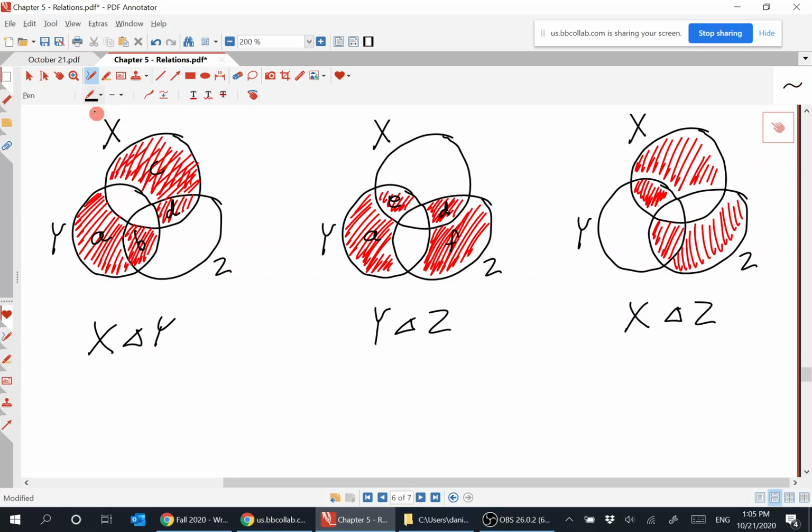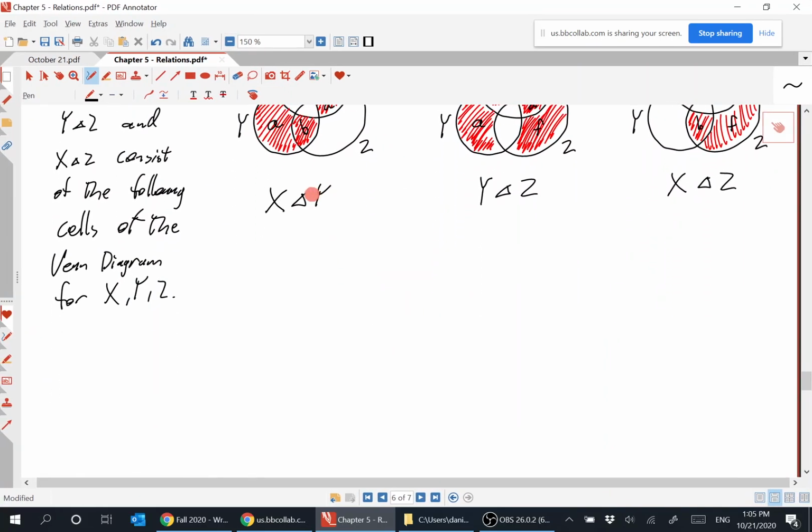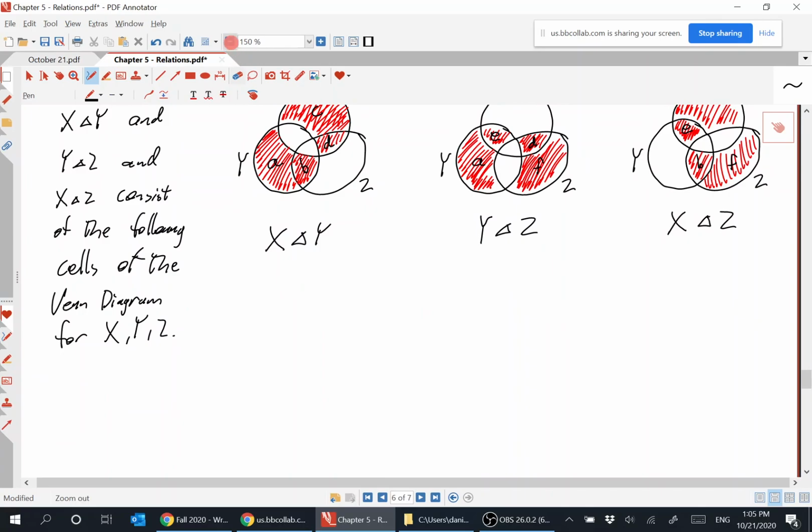This cell has E elements in it. This cell has C elements in it. This cell has B elements in it. And this one has F. Say that the number of elements in each of those cells is as indicated above.